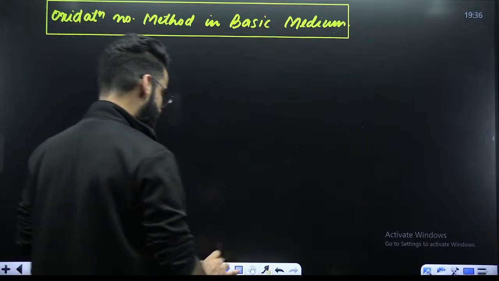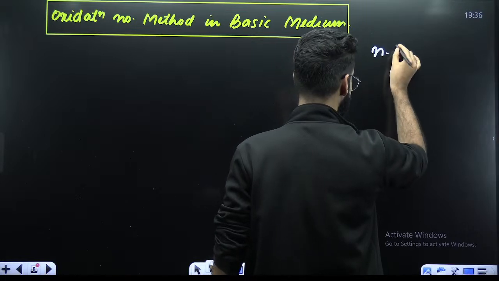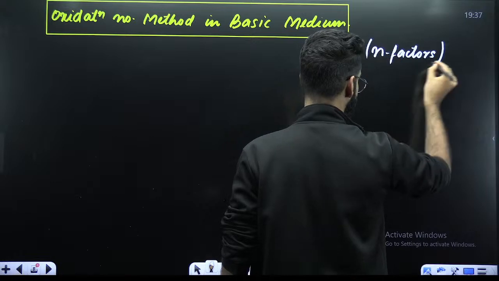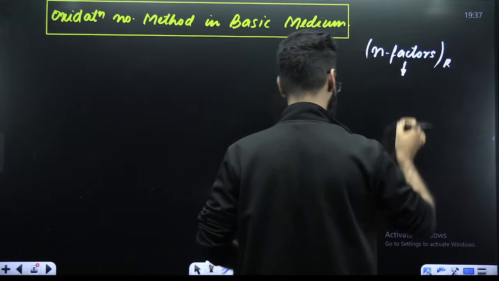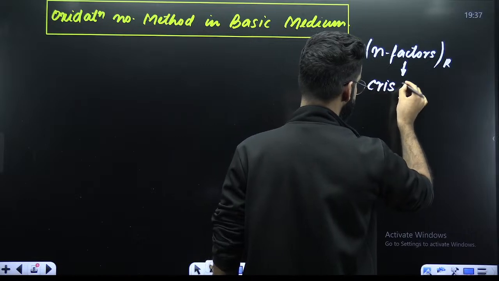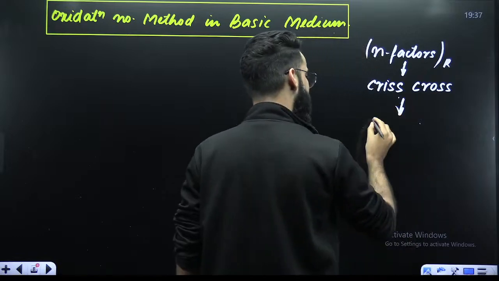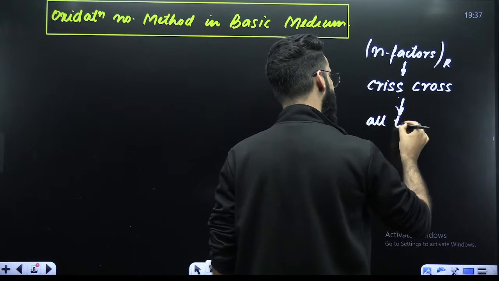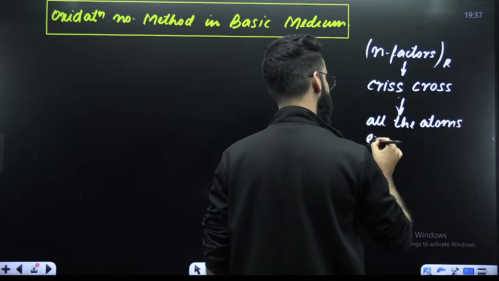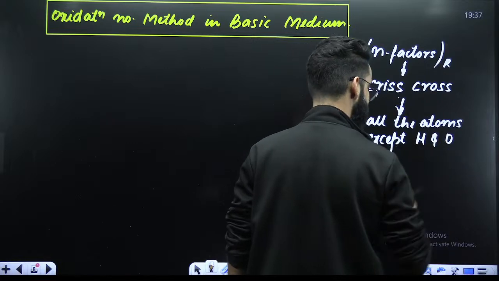First of all, let me write the steps which are to be used here. The first step is the same: calculate the n factors of reactants. Once you are done, crisscross these n factors. After that, balance all the atoms except hydrogen and oxygen.